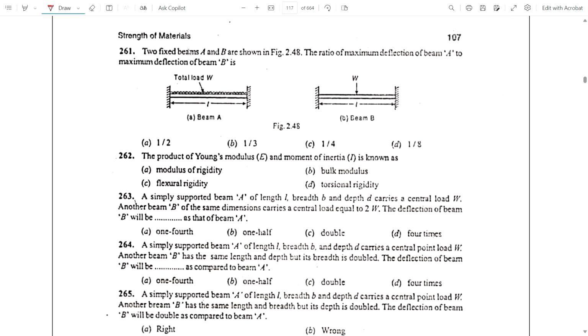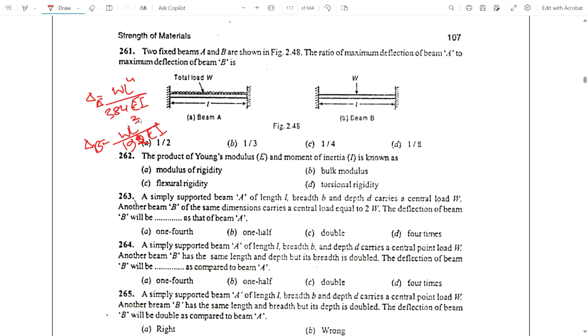Two fixed beams A and B. The ratio of maximum deflection at A and B will be how much? For A, the deflection is WL cube by 384 EI. For B, it is WL cube by 192 EI.